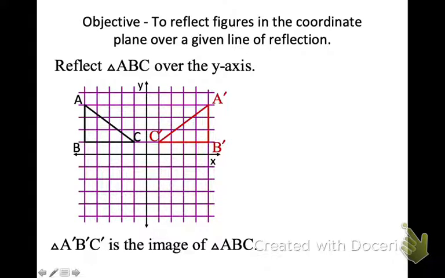ABC being the original, A prime, B prime, C prime being the new one. Now, you can look at what happened every time. My X here was -5. Here it's +5.